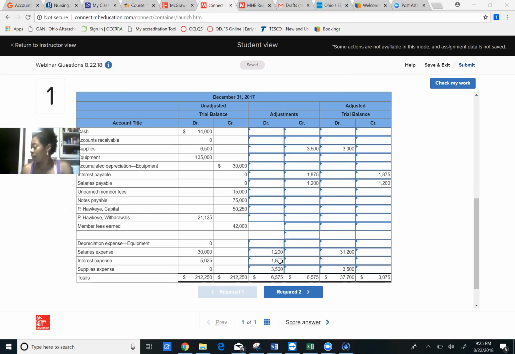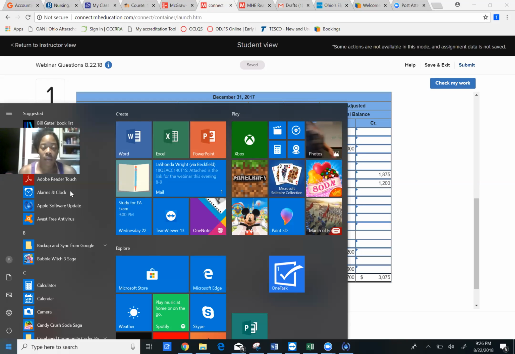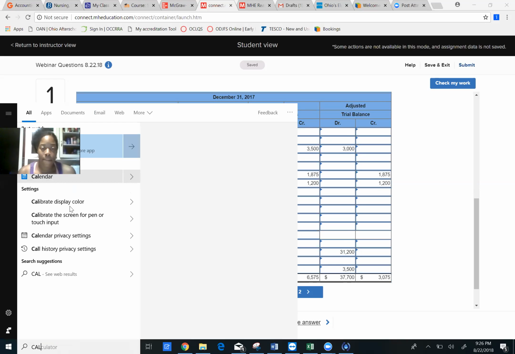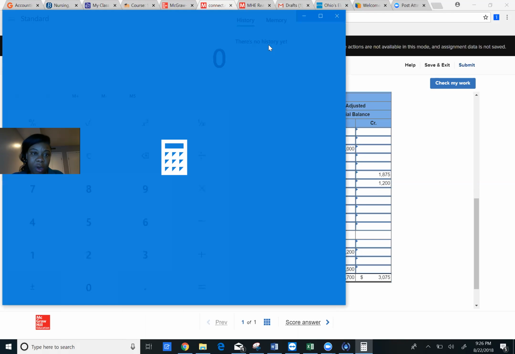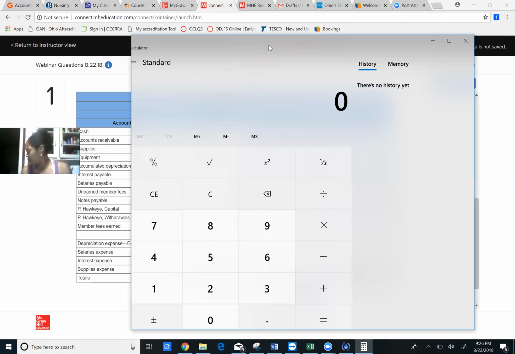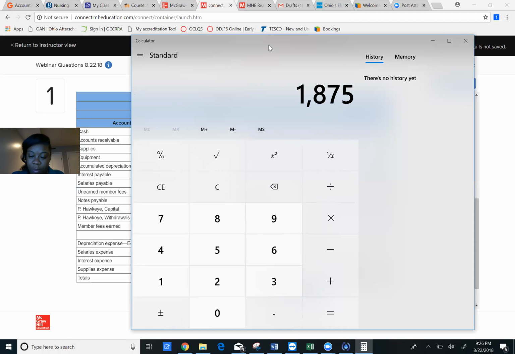So they're both debits. Since they're both debits, you're going to add them together to come up with your new debit. So it's 1875 plus what am I adding?